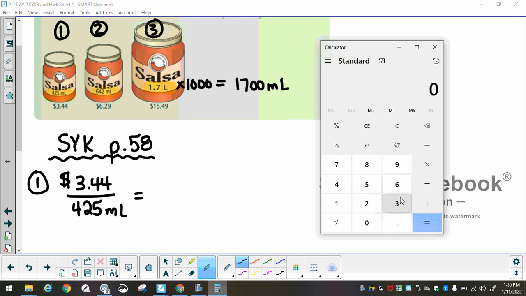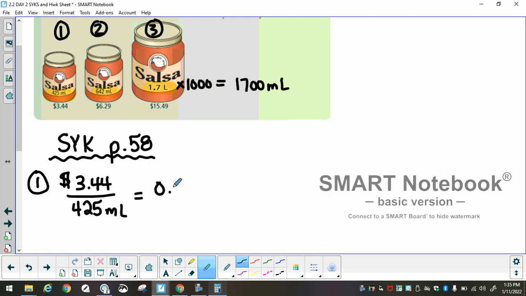I'm going to divide these numbers, so 3.44 divided by 425. Just like yesterday, I would keep all my zeros and then probably 3 digits after that. So 0.00809. Remember, we're talking about dollars per milliliter.